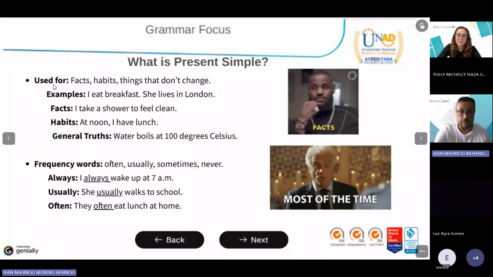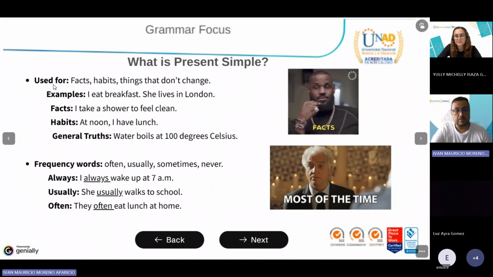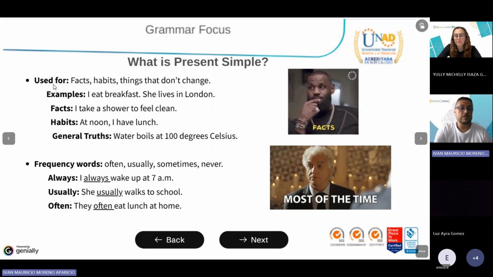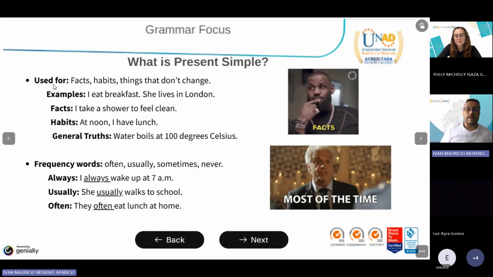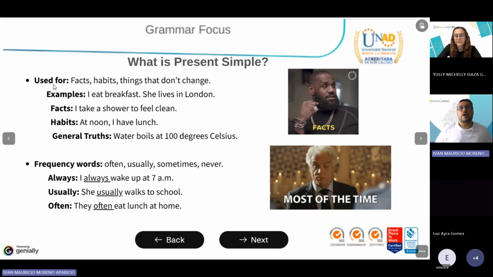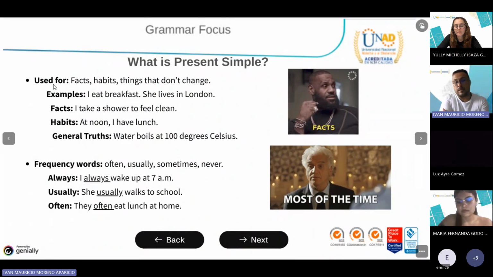I usually have lunch at noon. Or for example, when you talk about work, I go to work 5 times a week, 5 days a week, right? And general truths is like water boils at 100 degrees Celsius. That's true. It's something that I cannot change. Okay. Some characteristics of the present simple.